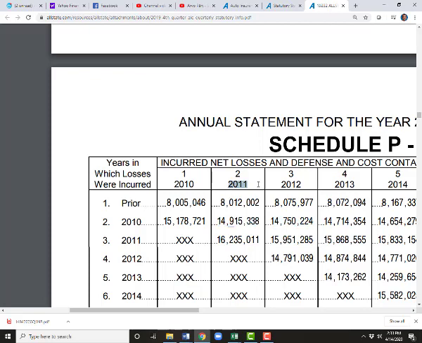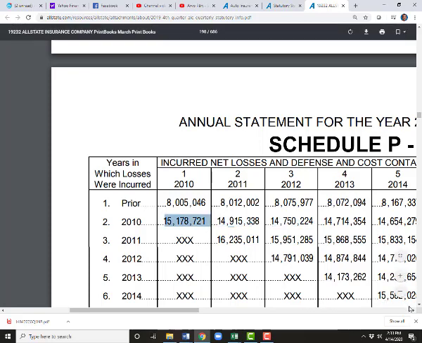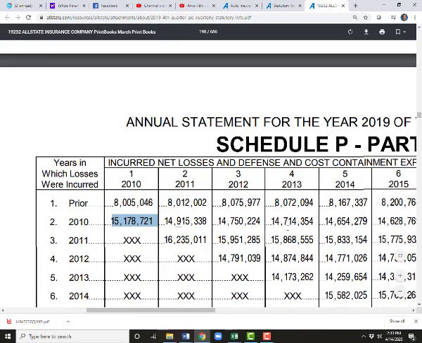So 2011's net income was overstated by $200 million because they corrected the mistake they made in 2010. And then 2012's net income was overstated by another $200 million, because the $200 million they added back here and the $200 million they added back here should have all been in 2010. And so as you go across, you notice they keep coming down, but it's not coming down as much.